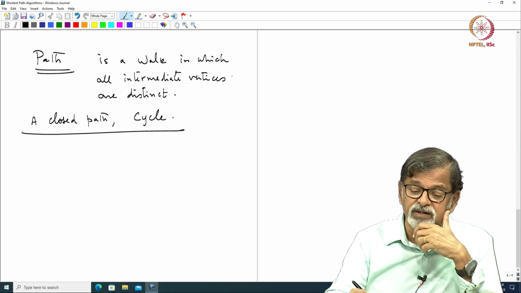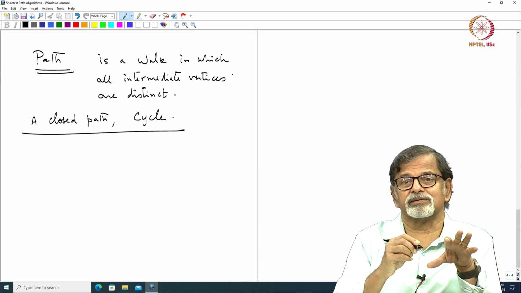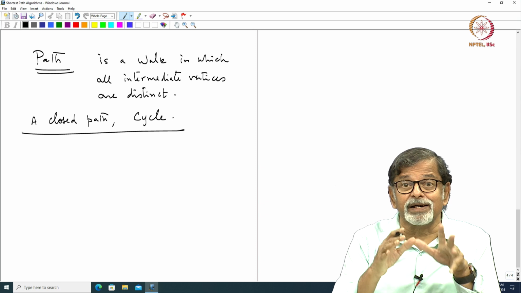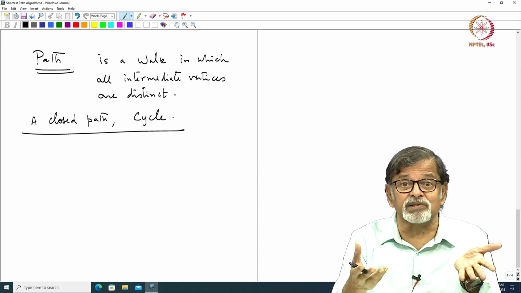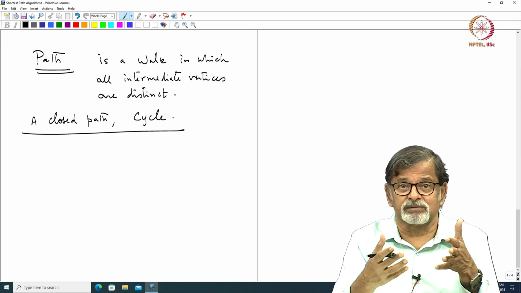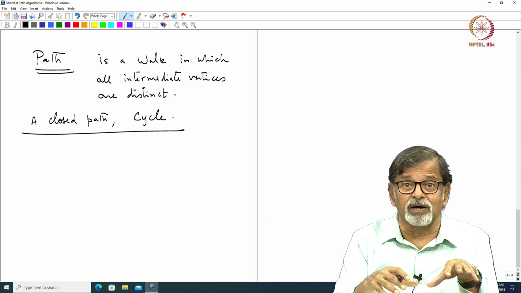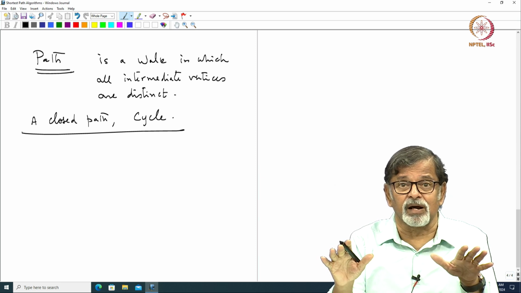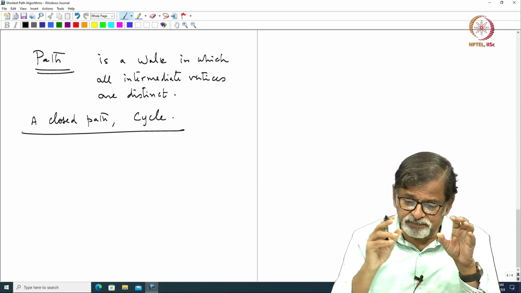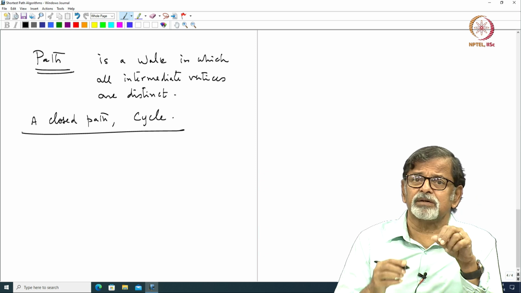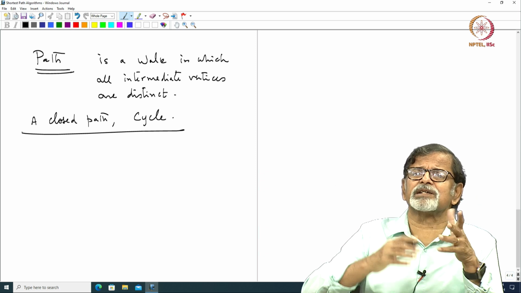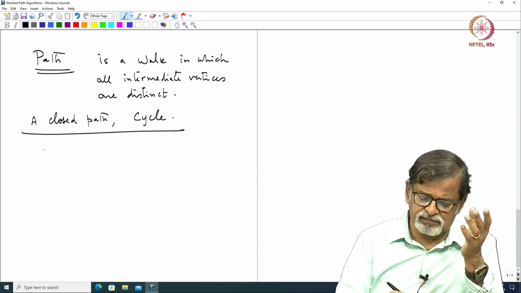This is the key difference between a walk and a path. In a walk, intermediate vertices need not be distinct. There can be repetition. In a path, there is no such repetition allowed. Okay. Therefore, consider the maximum length of a path.